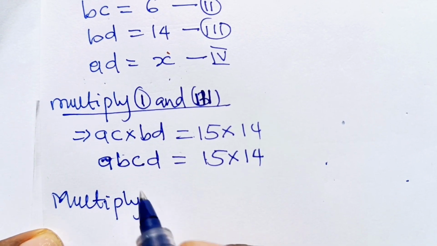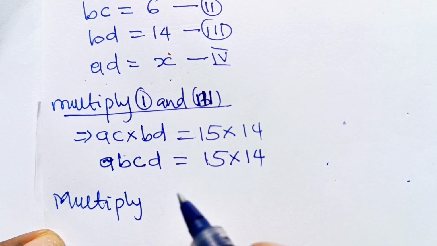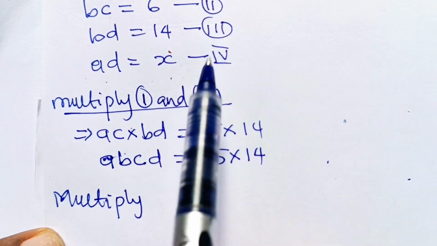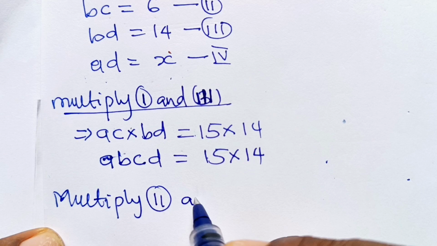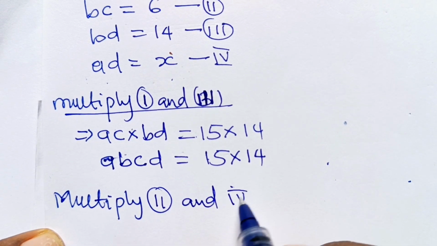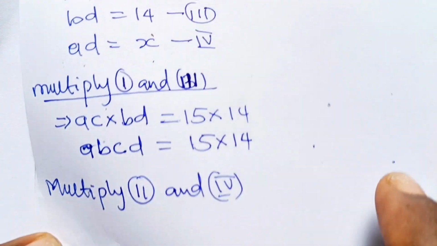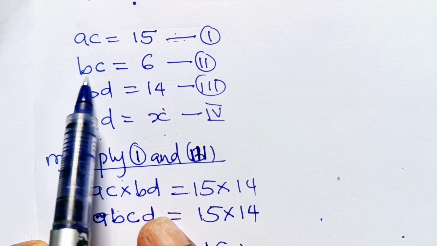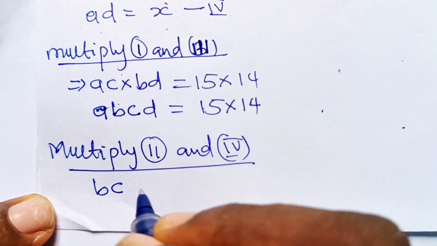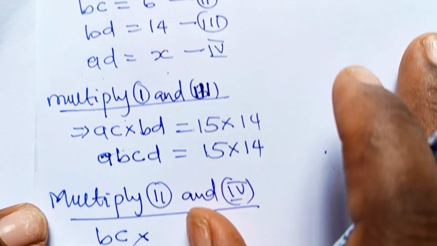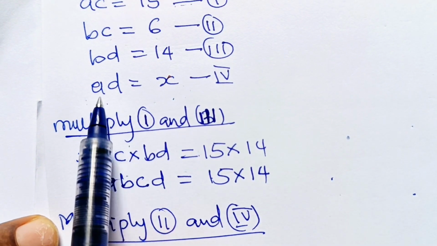Now also let's multiply equation 2 and equation 4, right? Equation 2 says BC is equal to 6, and equation 4 says AD.